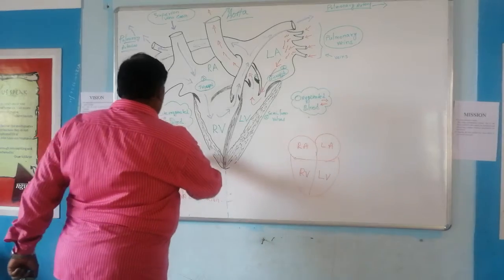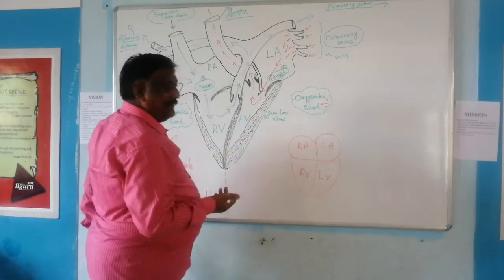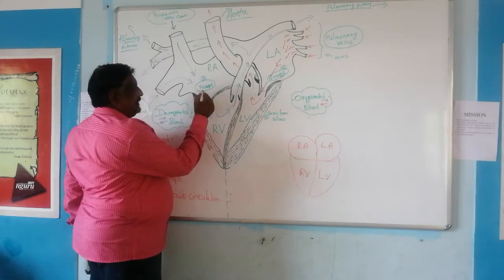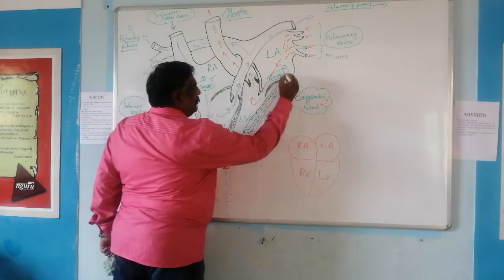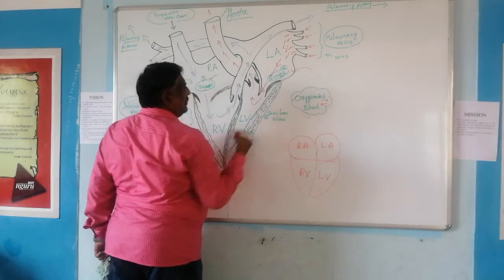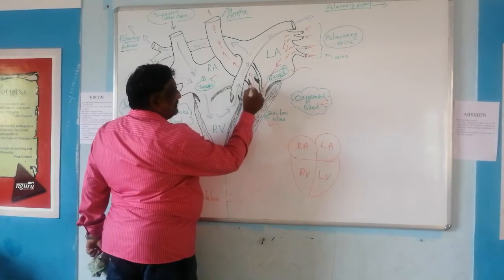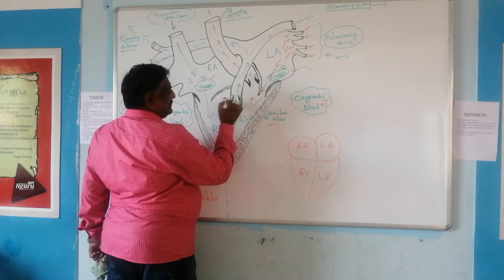Now we have seen a little about the heart. There are 3 valves in the heart, but it is not in the 10th standard. That I will explain later. But the valves I have mentioned here. Valve 1 is the tricuspid valve. Valve 2 is the bicuspid valve. Valve 3 is the semilunar valve, present here as well as here, in these 2 places.